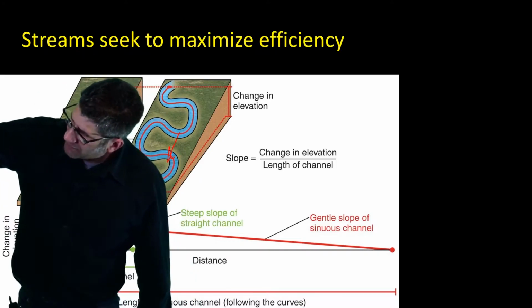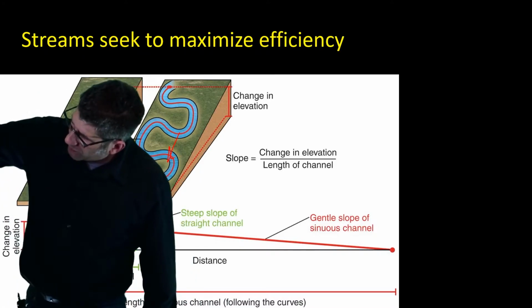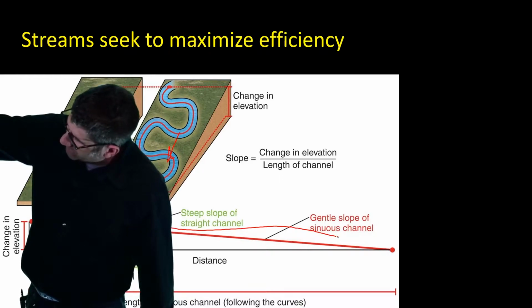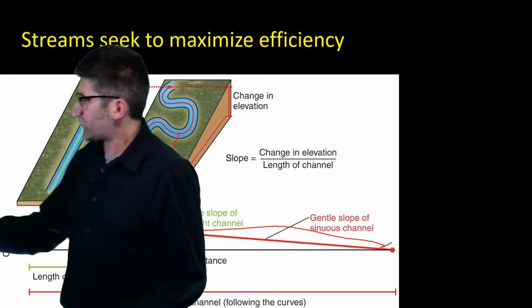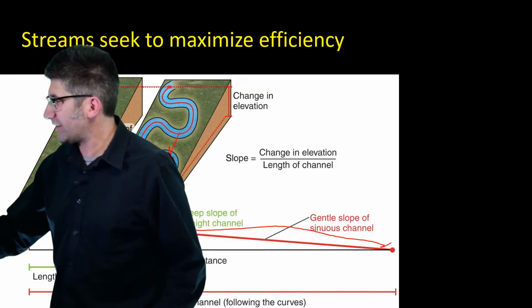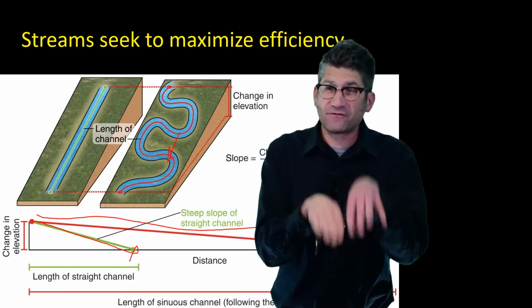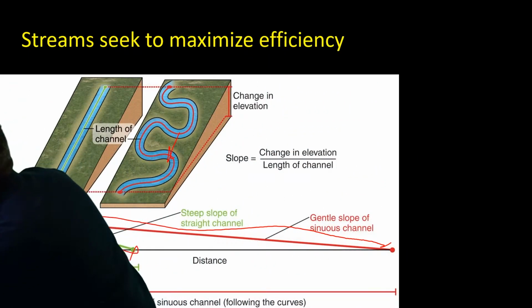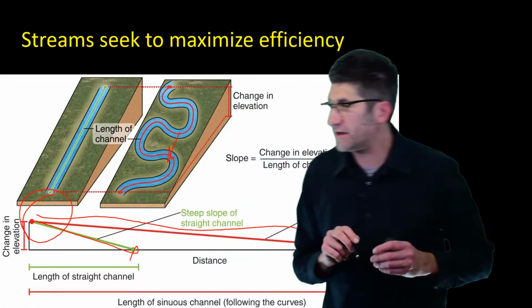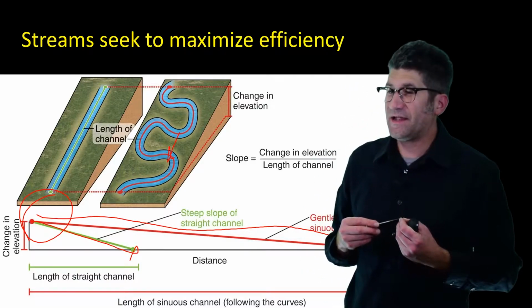So if a stream that's flowing along a really long path like the Mississippi River today can find a shorter path to the ocean with a steeper slope, it's going to dump down that steeper slope. So right here, that's what's happening at the confluence of the Mississippi and the Atchafalaya.